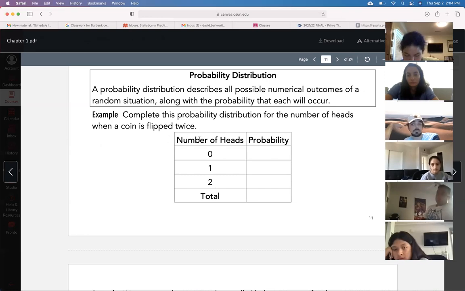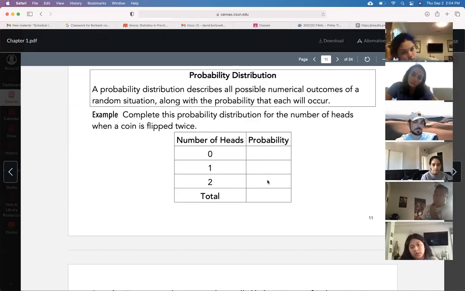So a probability distribution for that situation would be 0, 1, 2, because those are the only 3 possibilities for how many heads I can get when I flip 2 coins. Do you agree? Yes. Now, are these equally likely outcomes is the question. Would I assign a probability of 1 over 3, 1 over 3, and 1 over 3 to each? Or is it something different?